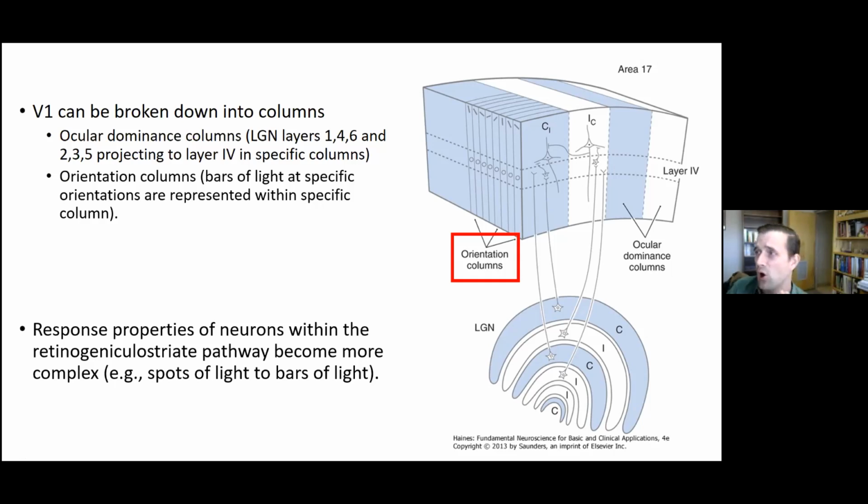And so all the cells within these columns are going to receive light, but in that orientation and at that angle.